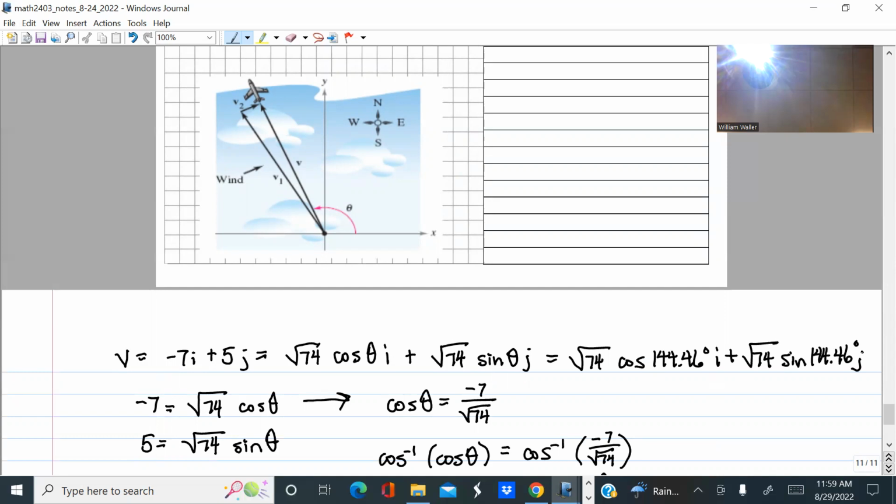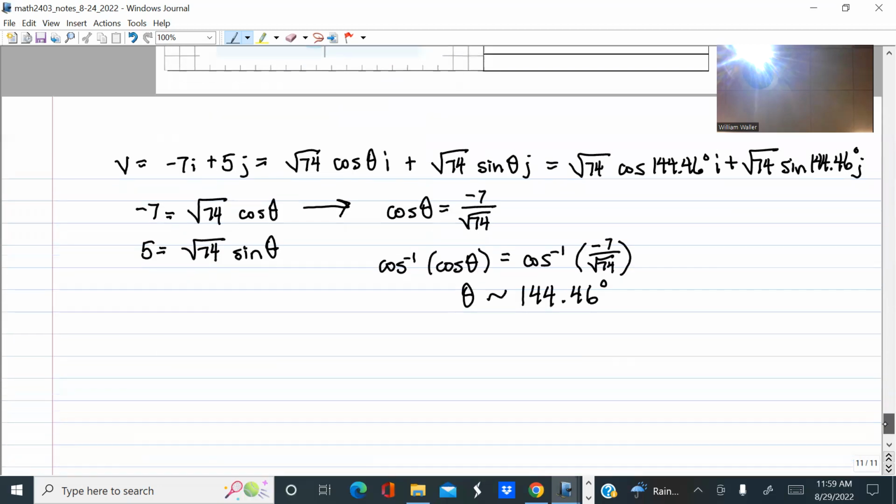And that certainly is a lot messier than writing just minus 7i plus 5j. But remember, the advantage to this is you have two pieces of information now about the vector. You have the magnitude, and you also have its direction. So you know a little bit more about the vector than when it's written just as minus 7i plus 5j.